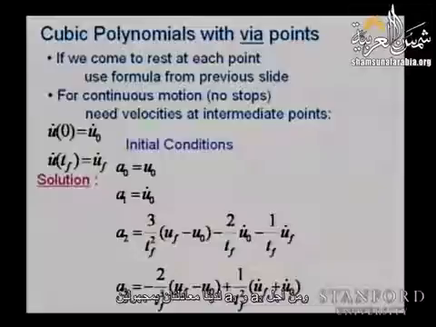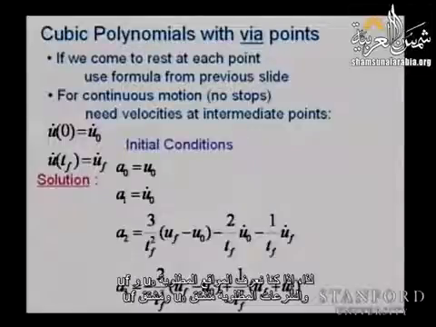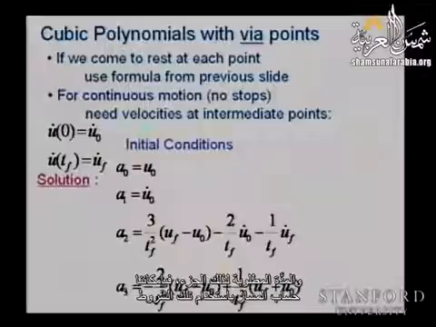And then for A2 and A3 we again have two equations with two unknowns, and they will be functions this time not only of the positions and the time, but also of the target velocities. Okay? So if we know the target positions, u sub 0, u sub f, the target velocities, u sub 0 dot, u sub f dot, and the target duration for that segment, we can compute the trajectory given those conditions. Okay?